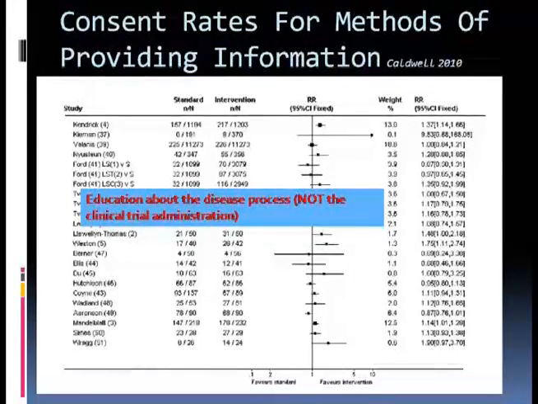And another thing that they found important in this, this is the latest systematic review from 2010. If you actually call them or send them a pamphlet or send them a video, not about the consent process, the clinical trial procedures, whatever, just educate them about their disease.